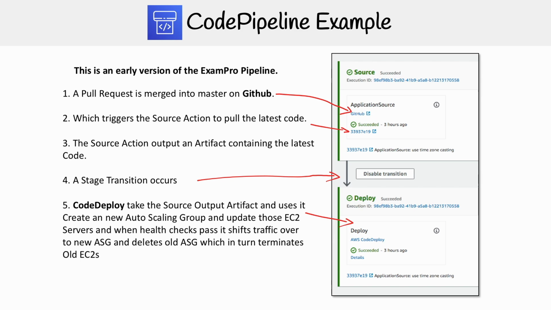Then it's going to run a script that shuts down and restarts those servers. And when health checks pass with the new auto scaling group, it's going to shift over the traffic and delete the old auto scaling group. So there you go. That's a very simple example of one.